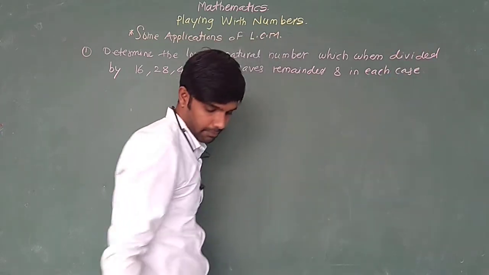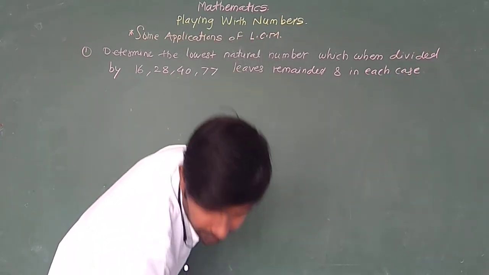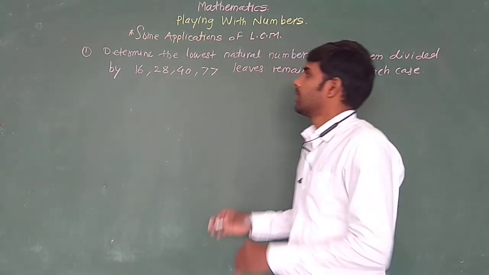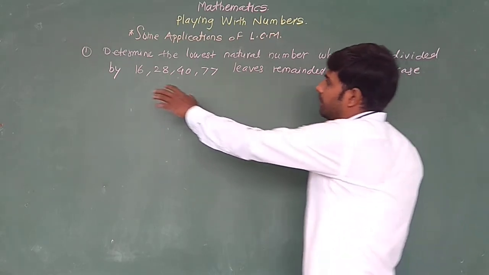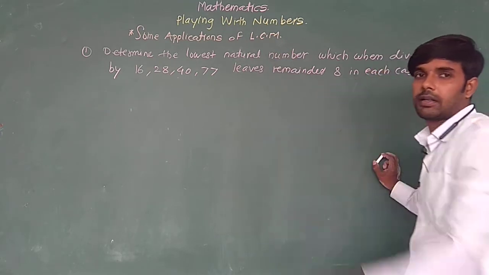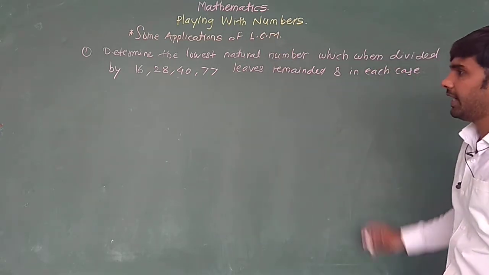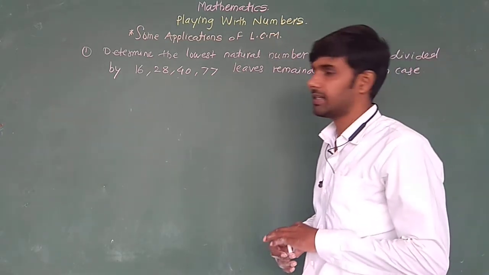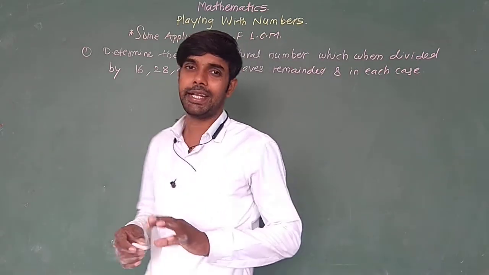Okay, this is our example number first. I'll read again the example. Determine the lowest natural number which when divided by 16, 28, 40, 77 leaves remainder 8 in each case.